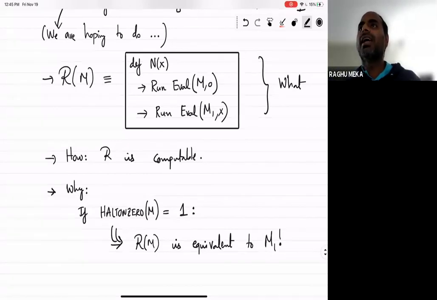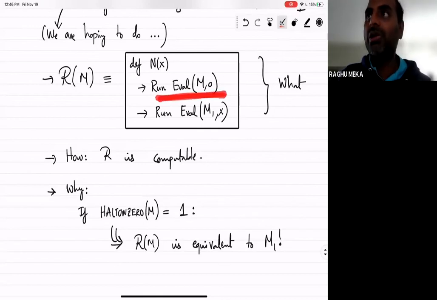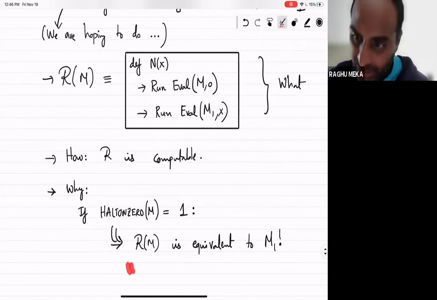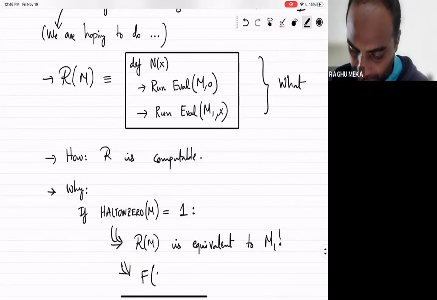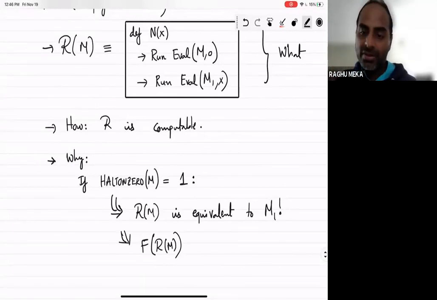Okay. Any questions about this? So basically, we just have one line here, right? Whenever you halt on 0, you go to the next step. So I'm just running m1. Which in turn implies that f of R of m, remember, f is semantic. Yeah, we should be returning m1 comma x.